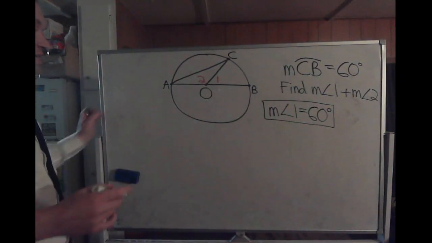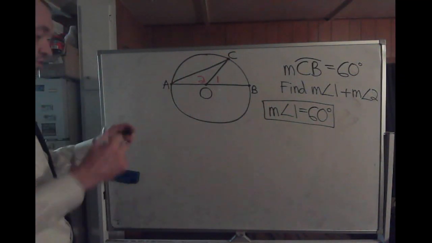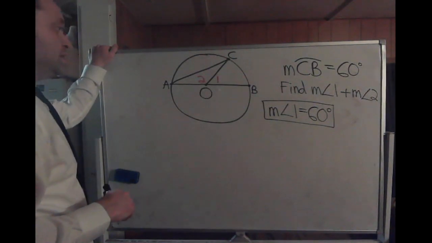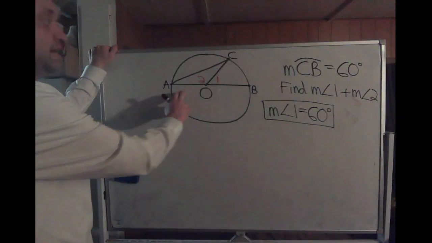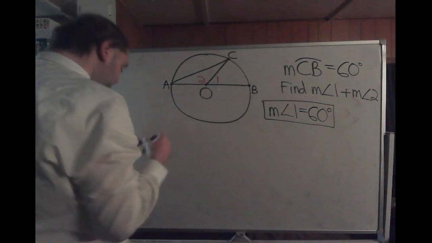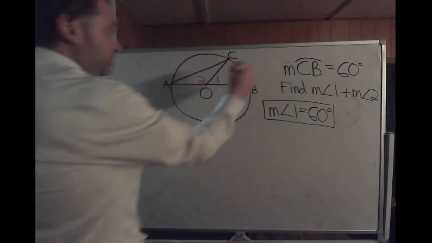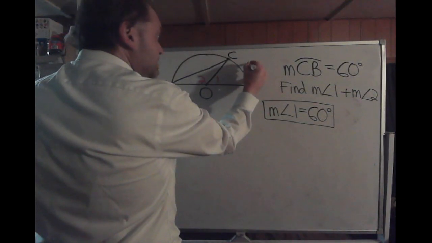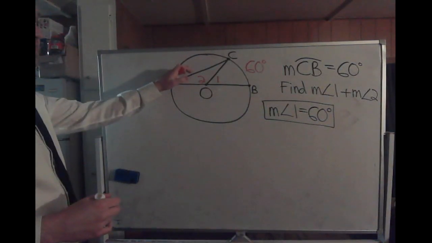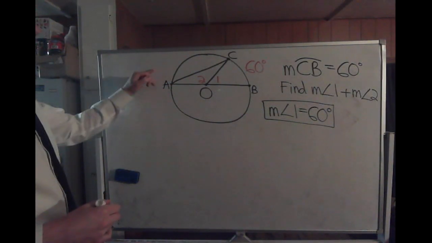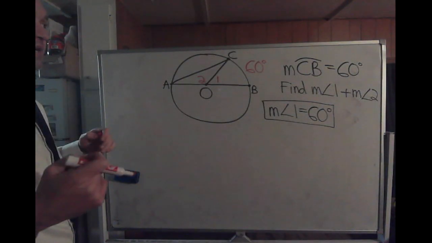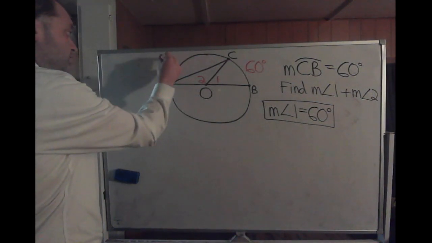Now what's not as easy is finding the measure of angle 2. But it's really not that hard, because you have yet another semicircle you're working with. If CB has an arc measurement of 60 degrees, and this is inside of a semicircle, you can find minor arc CA by taking 180 minus 60, that would give you 120.